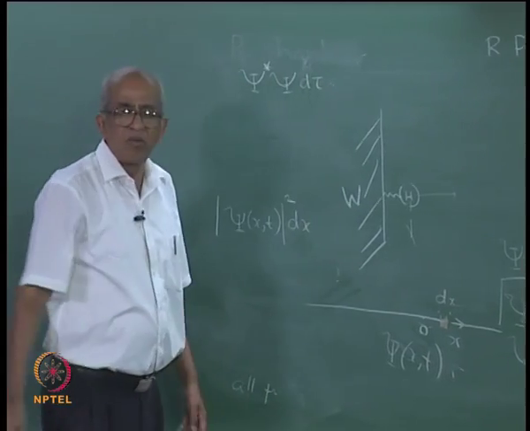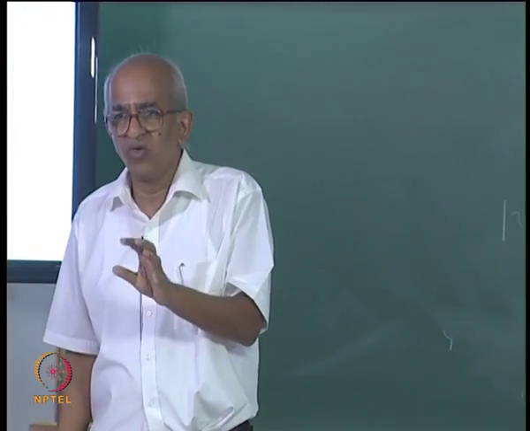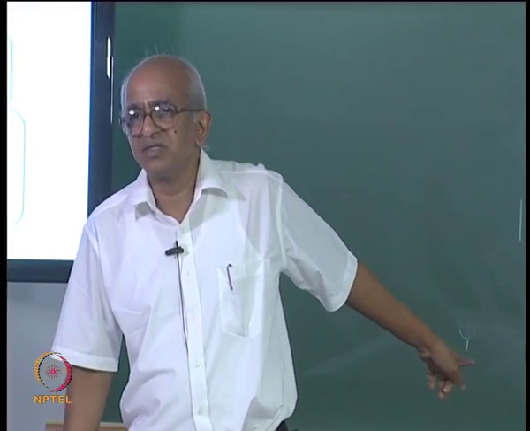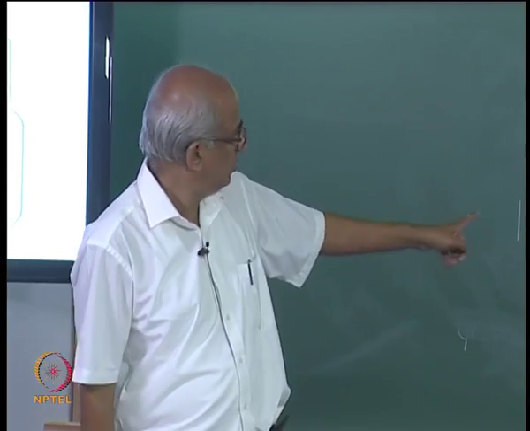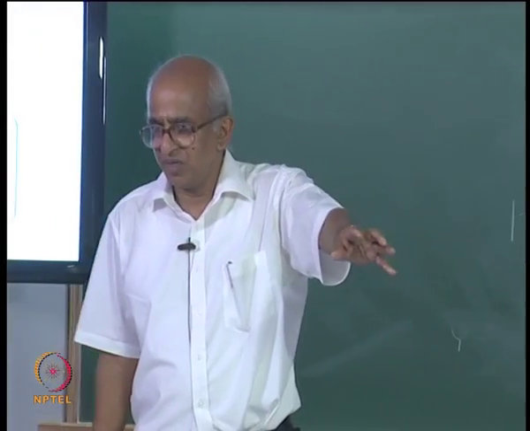You say that the probability that the system may be in a volume d tau, d tau stands for dx if it is a simple one dimensional problem, while it will stand for dx into dy into dz if it is a 3 dimensional problem.